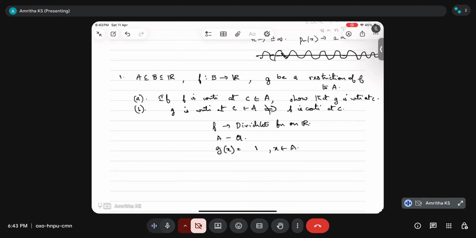Because here it is just a constant function, but f is not continuous, right?